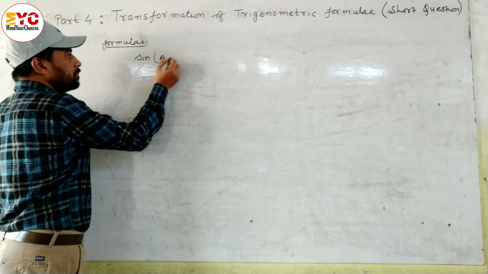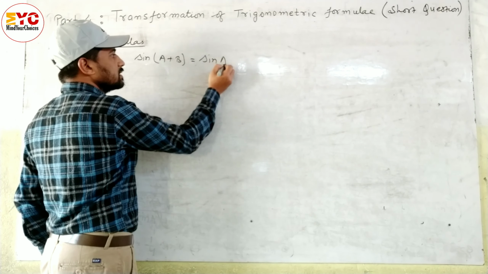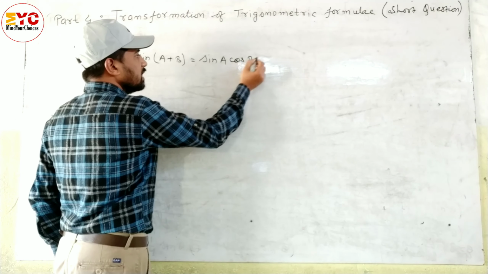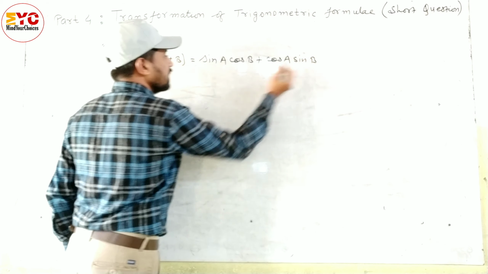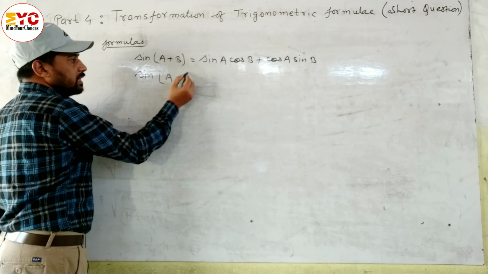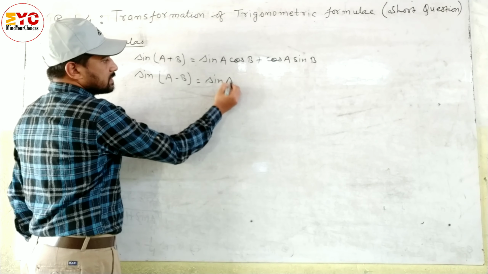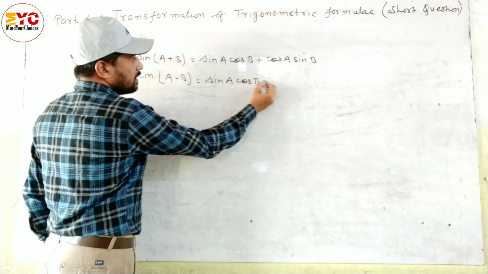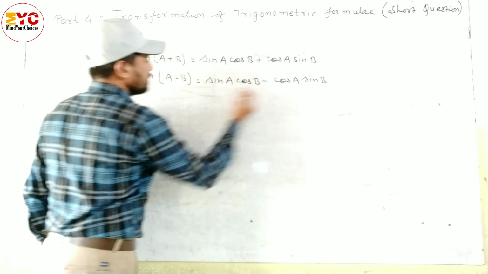Sine A plus B, and the formula of sine A plus B is sine A cos B plus cos A sine B. Similarly, sine A minus B, and the formula of sine A minus B is sine A cos B minus cos A sine B.